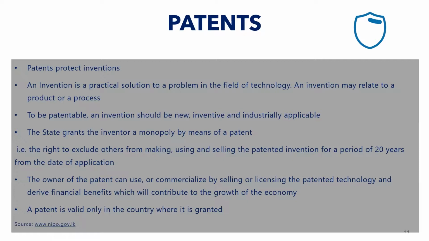So please remember, as with every other intellectual property type that we are discussing, a patent is only valid in the country where it is granted. Please remember, the only exception is copyright, right? Copyright applies wherever you are in the world, the moment you have created it and put it to the public, you don't need any form of registration.